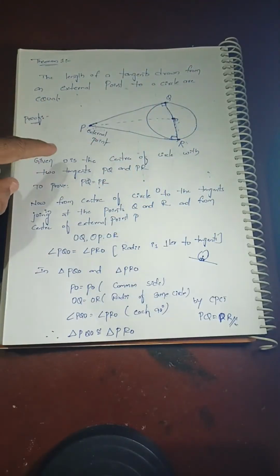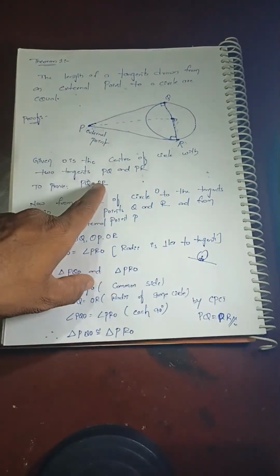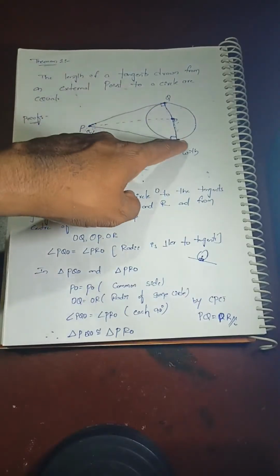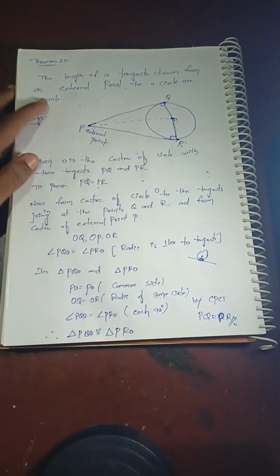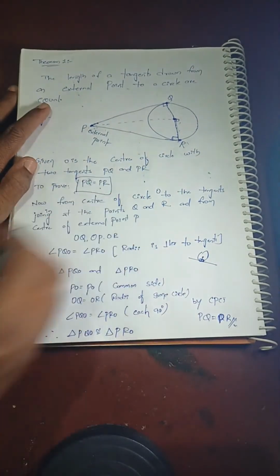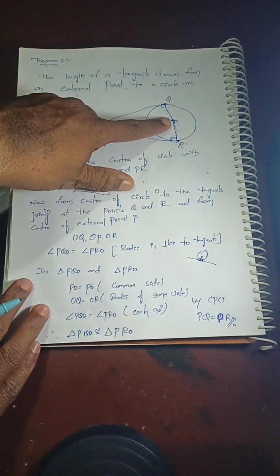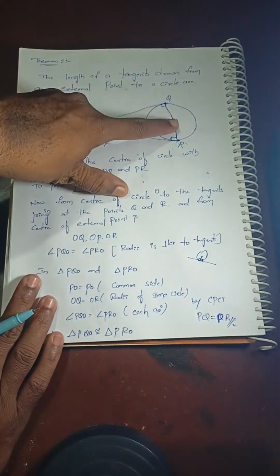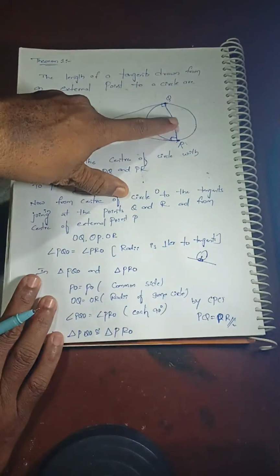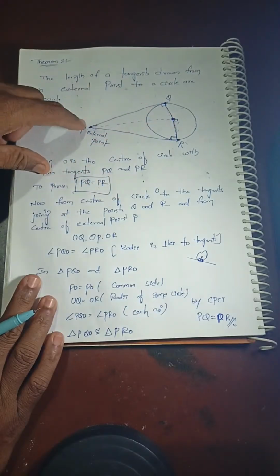Given: O is the center of the circle with two tangents, PQ and PR. To prove: PQ is equal to PR. For that, we first take the center of the circle O and join OQ and OR, as well as the center to the external point, OP.